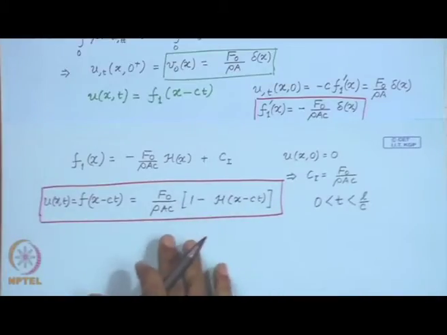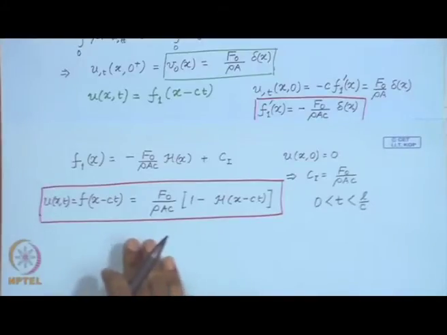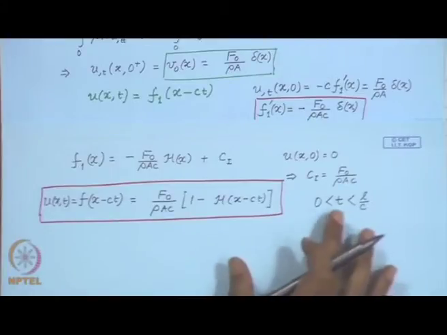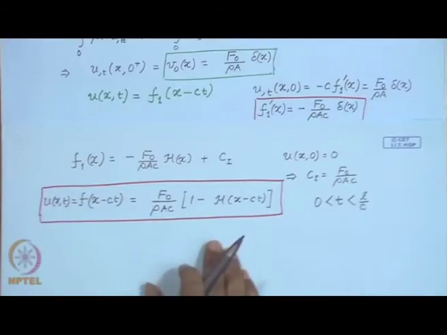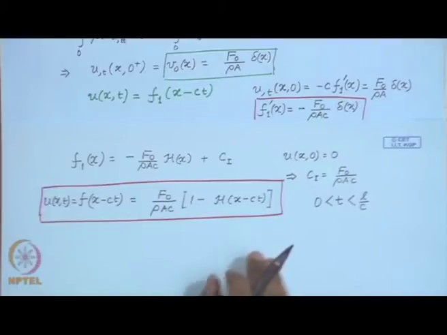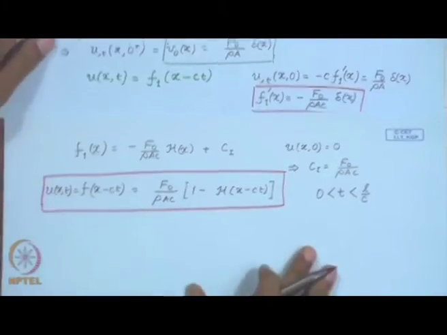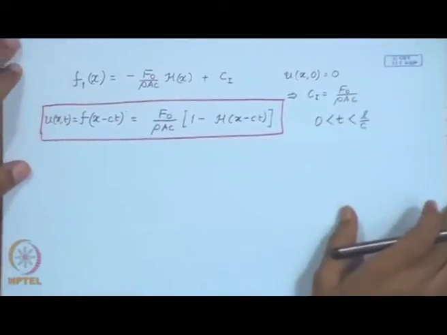So you will observe this solution when t is less than L over c. Now, this front is going to hit the right boundary of the bar.